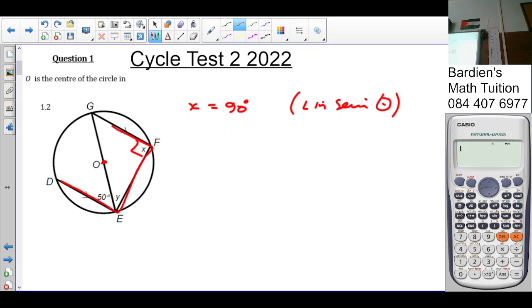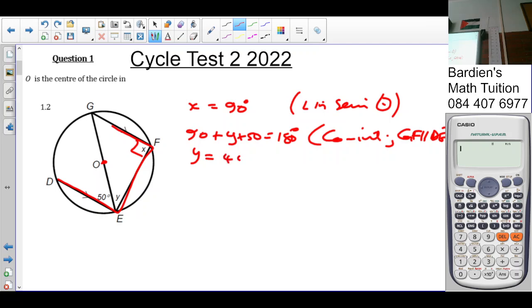So we say 90 plus y plus 50 equals 180. Why? Co-interior angles with GF parallel to DE. So y is equal to 40 degrees. Any confusion here? Let's carry on.